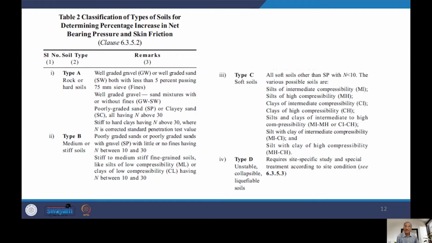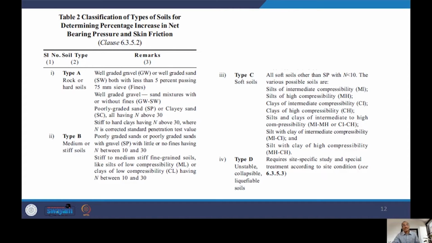That will fall under Type C, that is soft soil. Type D we have already discussed. So accordingly, whether your soil falls under Type A, Type B, or Type C, you can determine which type needs to be used in Table 1.